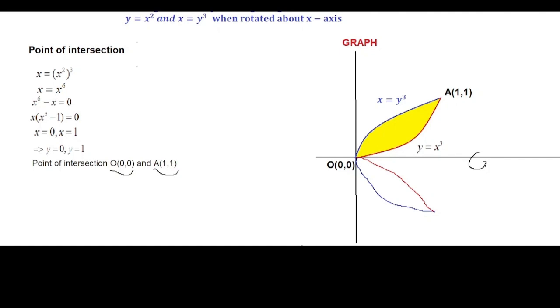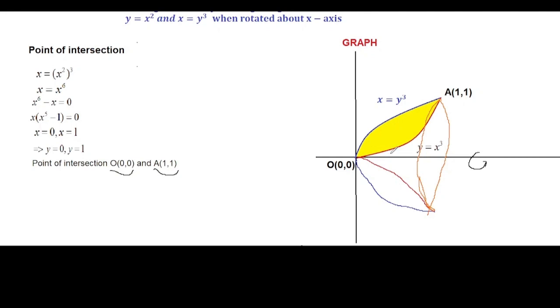And to get the solid, we can draw the circle at the end point, which joins both the ends of the curves. So this is the approximate volume of the solid generated.